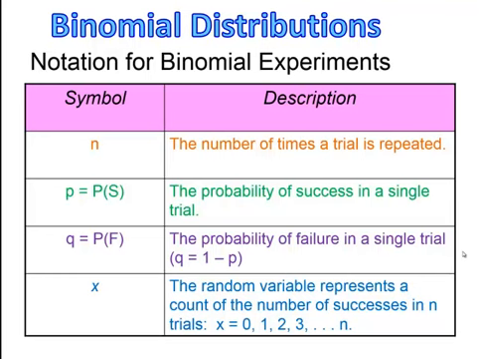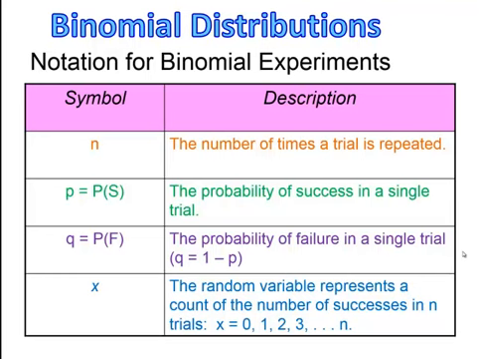To find the probability of failure, or q, we take the value of p and subtract it from 1. Remember, a probability is always a value between 0 and 1, and the complement of a probability will equal 1 minus the probability.